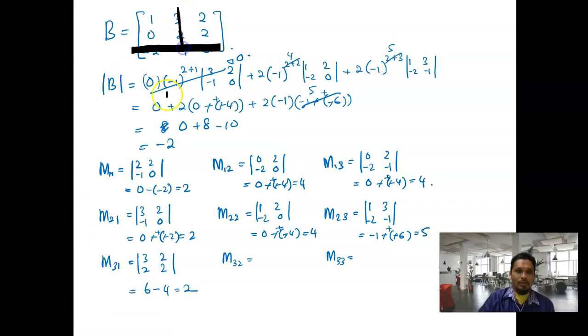Hide the element in row 2. Then we got 1, 2, 0, 2. 1 times 2 minus 2 times 0 equal to 0, then equal to 2.